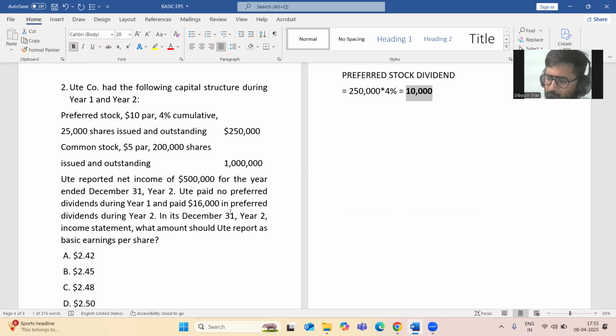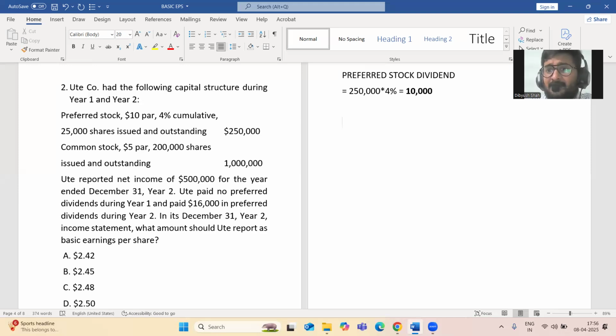The company reported net income of $5 lakh for the year ended December 31, year 2. So the company, that is UT, reported profit after tax of $5 lakh for second year. They paid no preferred dividends during year 1, and paid $16,000 in preferred dividends during year 2.